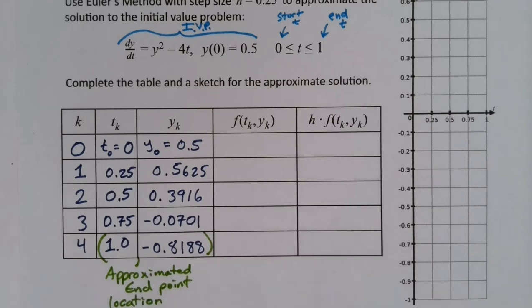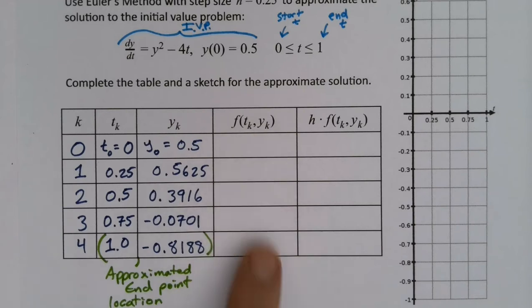So at the point 1 comma negative 0.8188, that's where we think our curve is going to get to. Now we know that it's not going to be there in actuality, but this is an approximation.